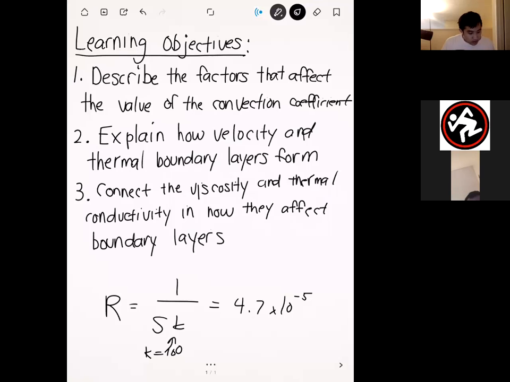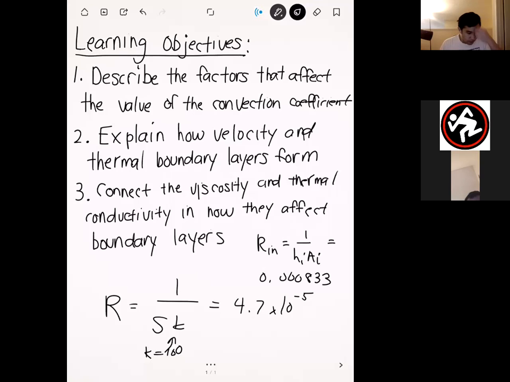So let's see. There's two other ones, right? There's the convection resistance for the interior and the convection resistance for the exterior. So Ri should be 1 over hi Ai. When you plug that in, you should get 0.000833, correct? Yeah, that sounds about right.